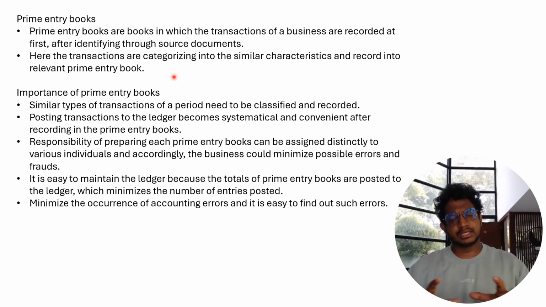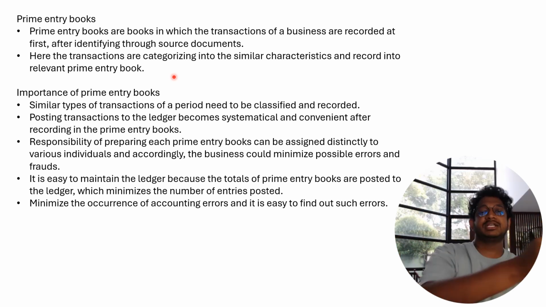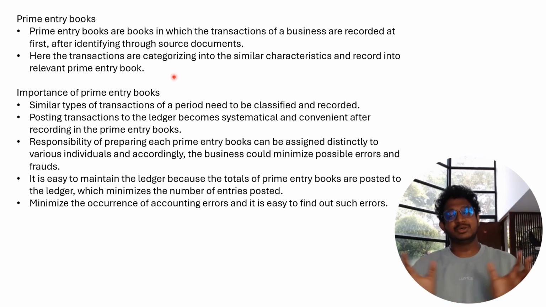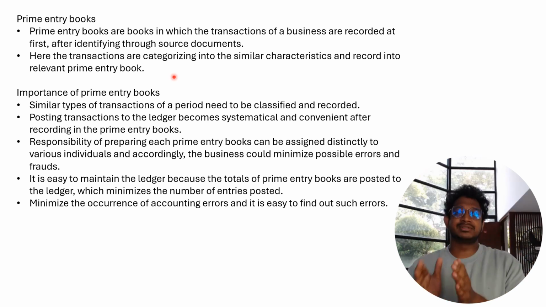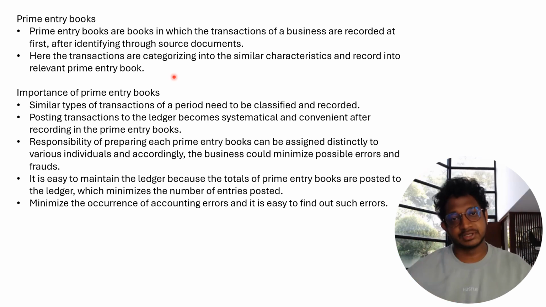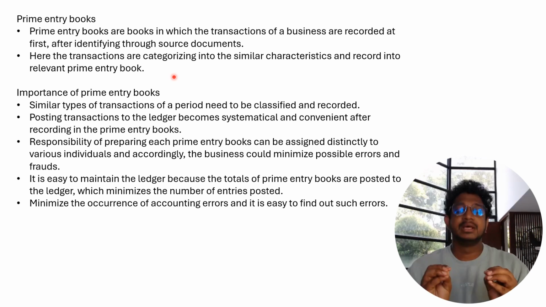From those transactions, you pick all cash receipts and record them in the cash receipt journal, and all cash payments you record in the cash payment journal. So we are categorizing all transactions into similar characteristics to ease the process of accounting, right? But keep in mind, in this case you do not need any knowledge about the double entry system. It's only recording those transactions by their similar characteristics.